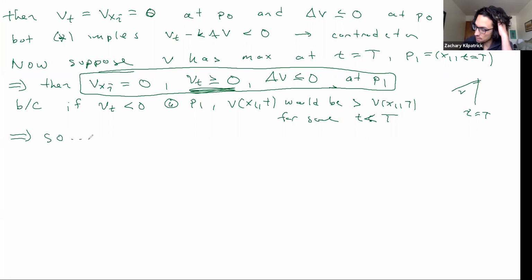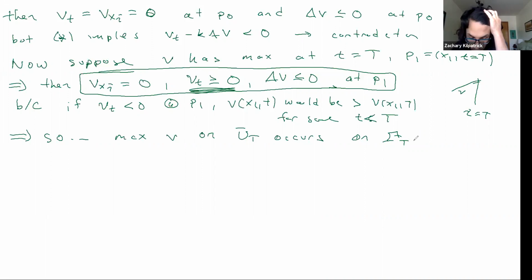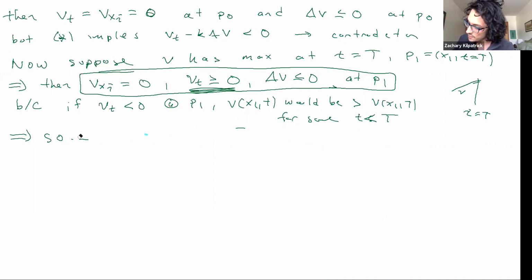Okay, the max of v on u sub t occurs on gamma sub t, okay? Oh, sorry. Let me back up a bit. I have to finish off this part, okay?